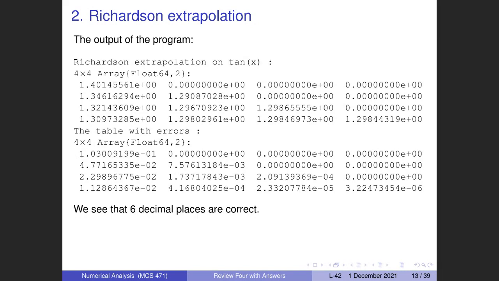Here is the output. So the output gives a triangular table. The first column contains the forward differences. And we use the exact solution. So the code is not given here to compute a table with errors. It's a difference of two matrices.